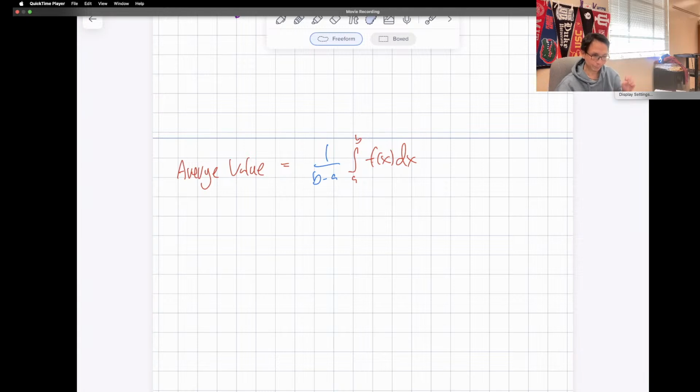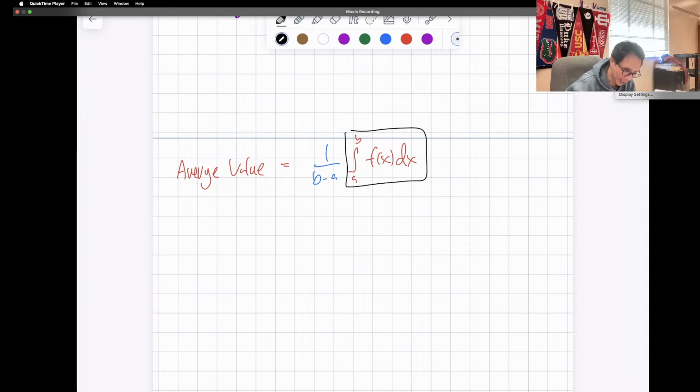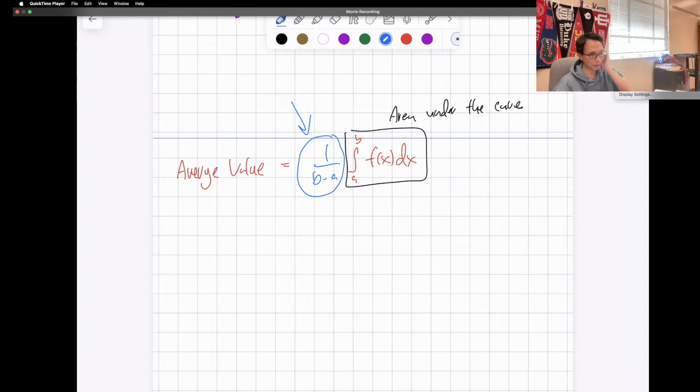What we know about this part is that it's the area under the curve, right? Does that make sense? And this part we're going to talk about in a second, but yesterday the video cut off.